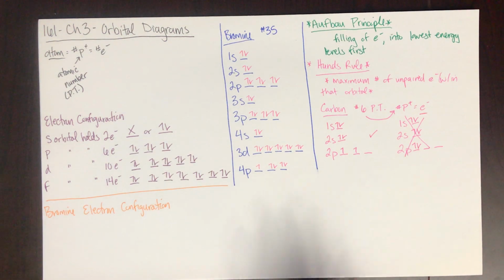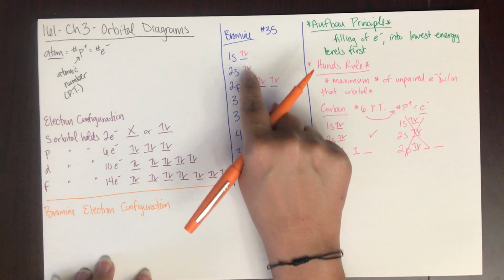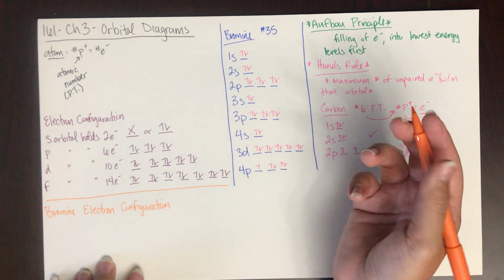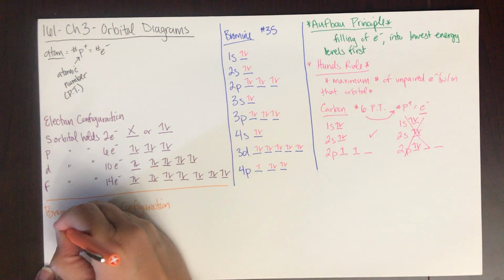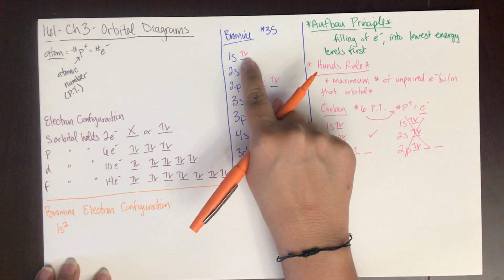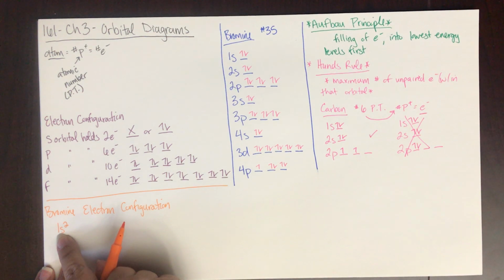This notation is written out without showing all of these dashes, and we show the number of electrons in each of these orbitals with superscripts, which are like exponents. So I'm going to write this out: 1s2, and this 2 comes from these 2 electrons.